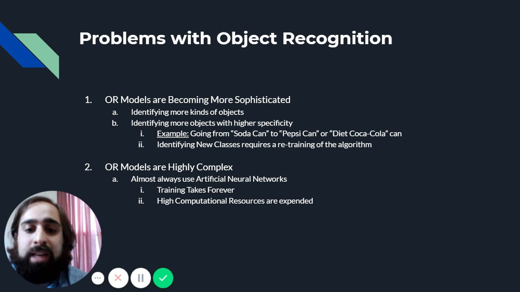So the example that I give is going from a soda can to having an object recognition model identify it as a Pepsi can or a Diet Cola can. And the importance of this is that these models are going to be becoming more and more complex, and anytime a model becomes more and more complex, the time to train those kinds of models is going to essentially exponentially increase, and in doing so, it's going to demand much higher computational resources as well.